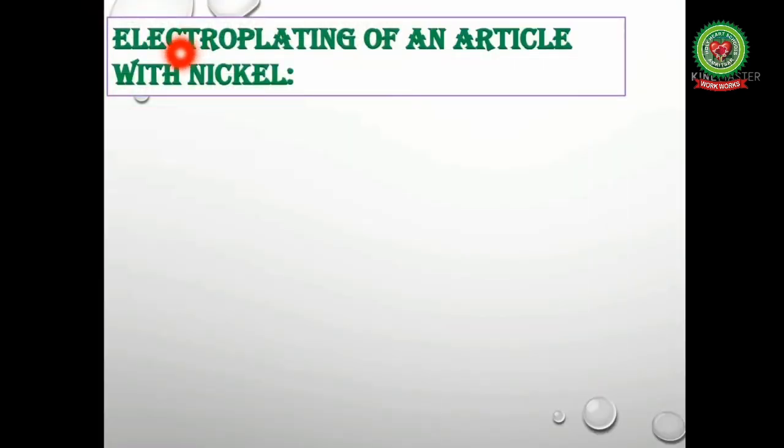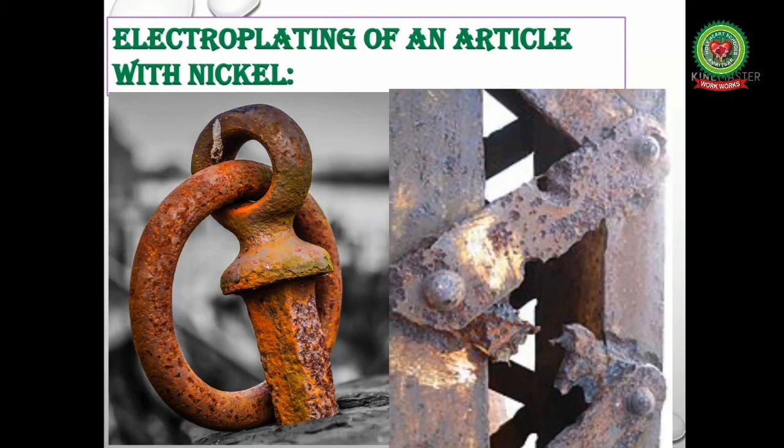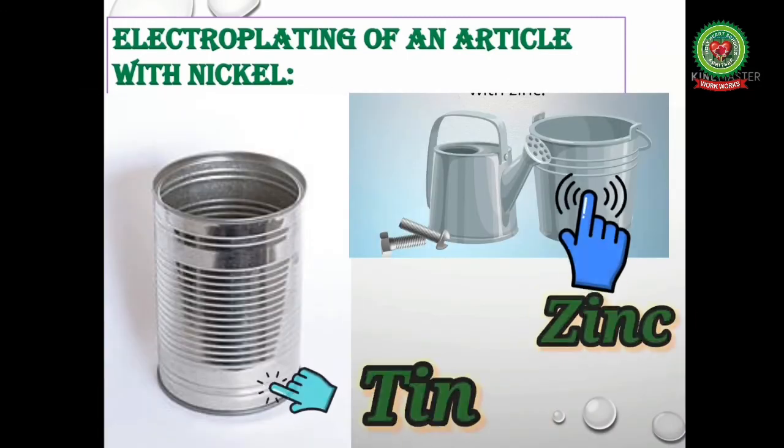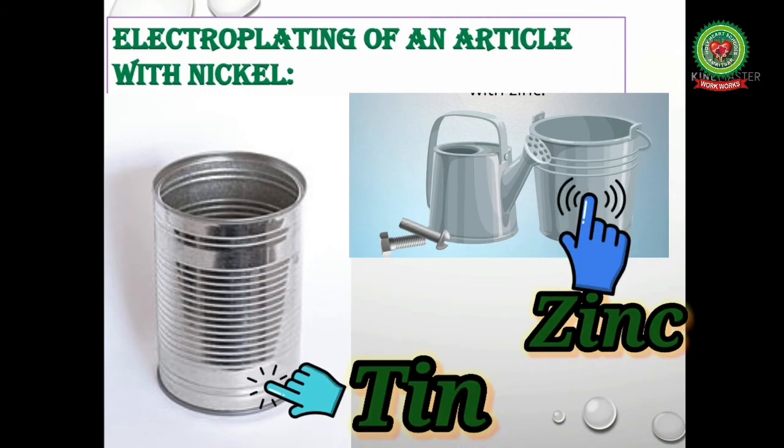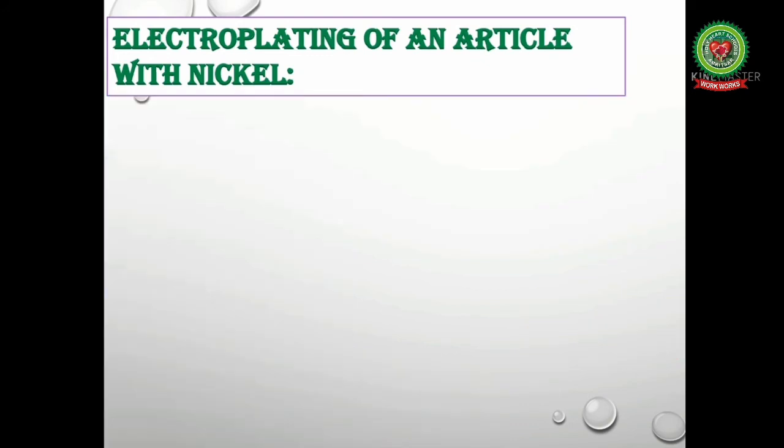Students, the next one we are going to discuss is electroplating of an article with nickel. As we all know, iron gets easily rusted when exposed to air. If iron articles are coated with a metal like nickel, tin or zinc, rusting can be prevented.